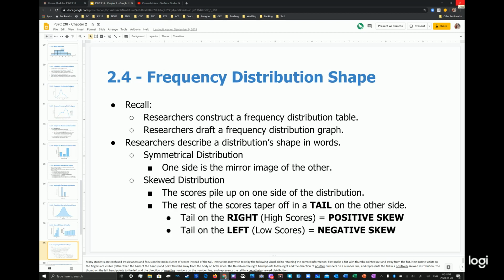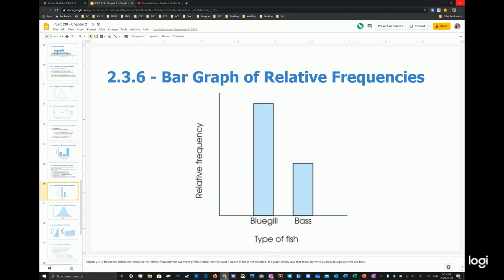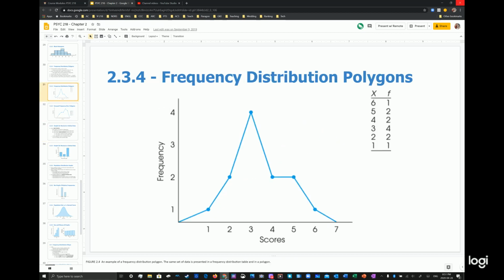So the last bit here, we're going to talk about the shape of the distribution, or the shape of the frequency distribution. This would be one of the highlights in our virtual class. When we talk about the frequency distribution shape, we can talk about actual frequency distribution histograms. They have shapes.